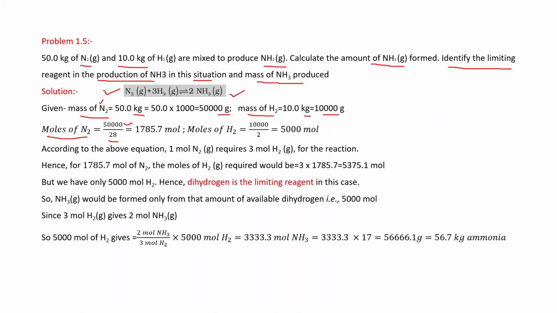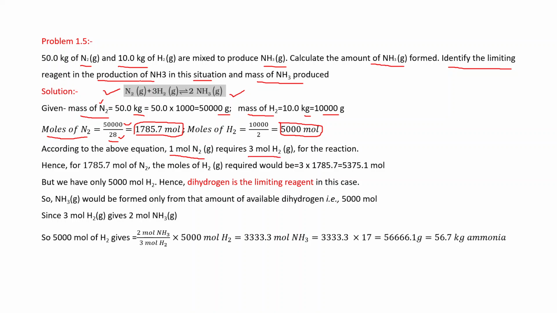So this is mass in gram divided by molar mass of N2, and this is the number of moles of N2. In the same way, we can find the number of moles of H2. Is that clear?